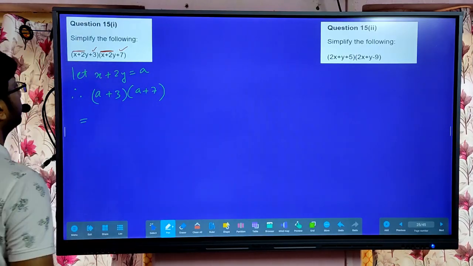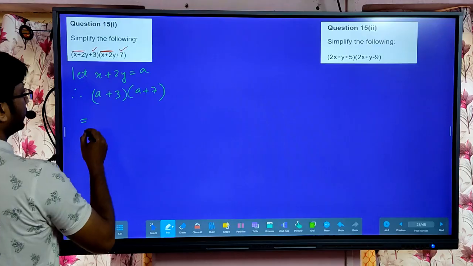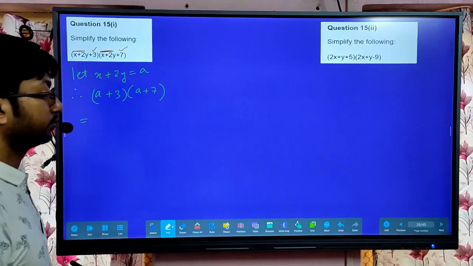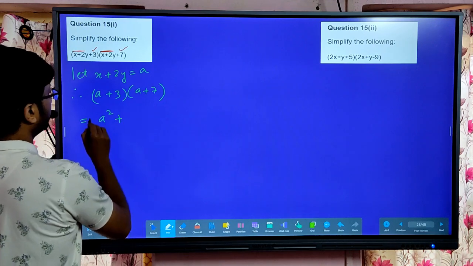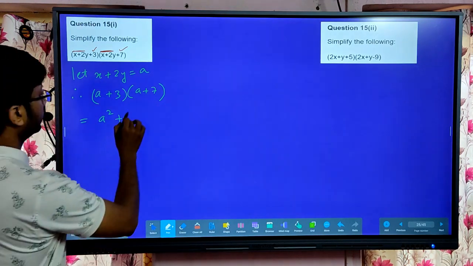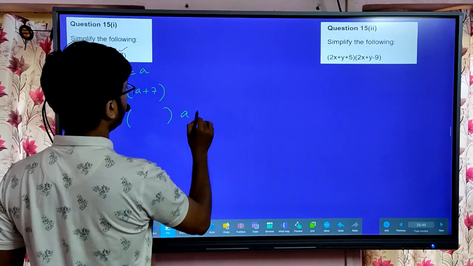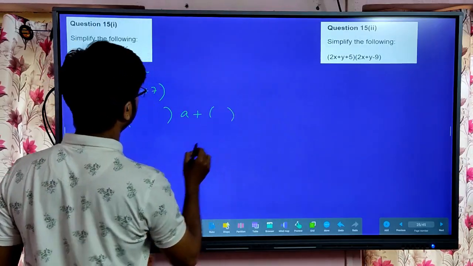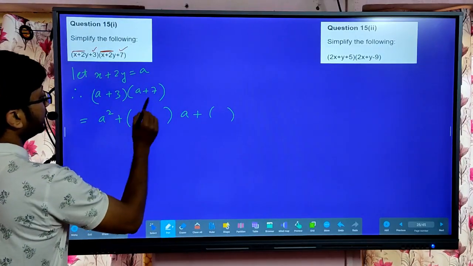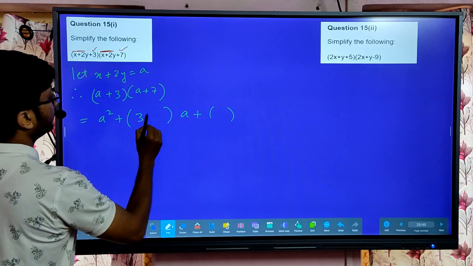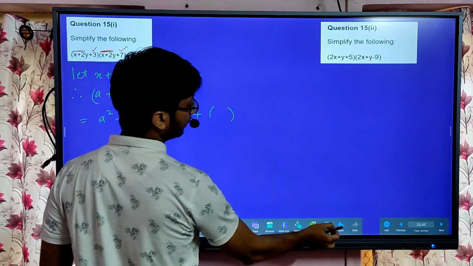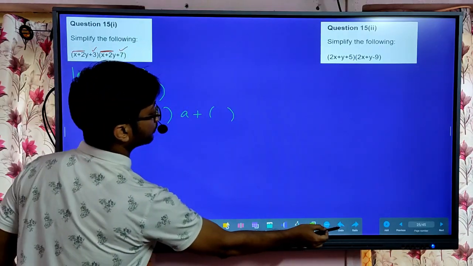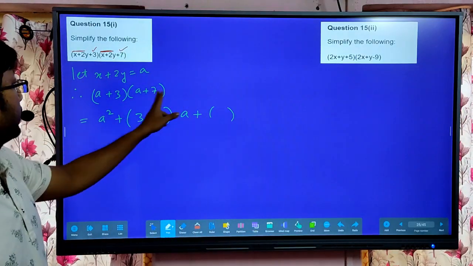So how I taught you, it will be a square plus, the coefficient is 1, so it will be something times a, and then the product. So it will be 3 plus 7, you don't write plus over here. So it is 3 plus 7, and the product is 3 into 7.